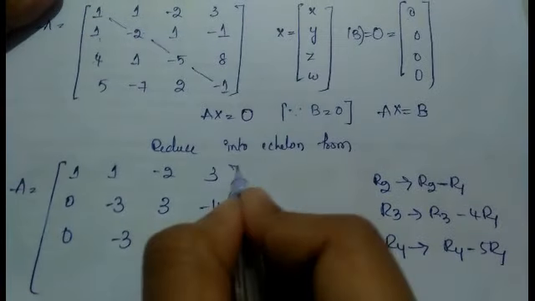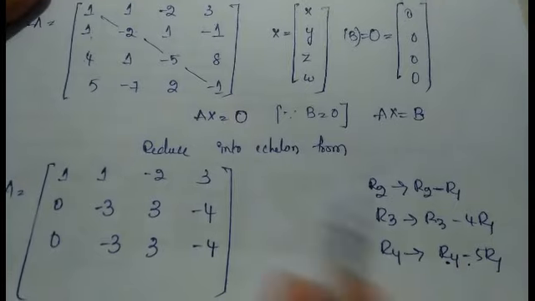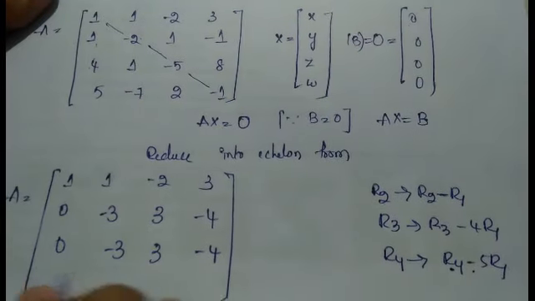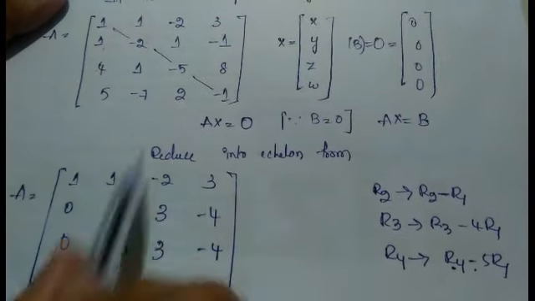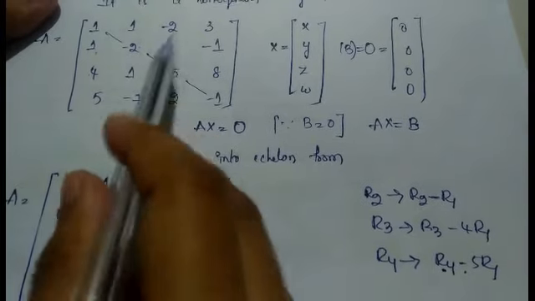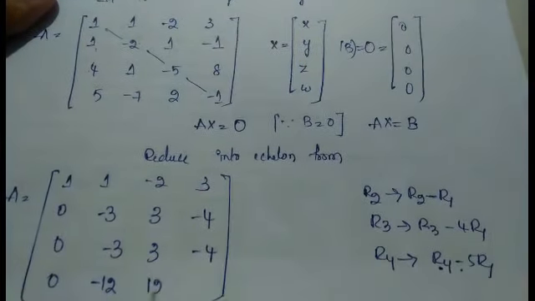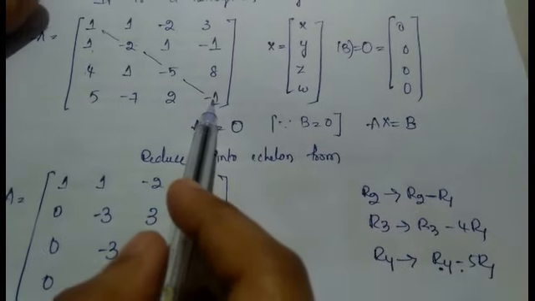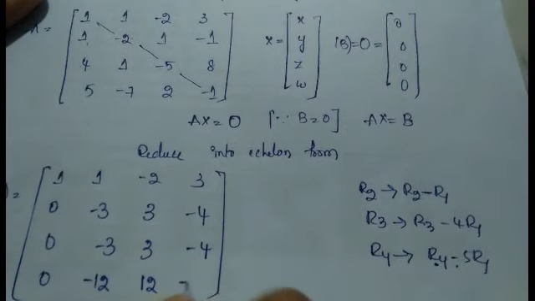Next R4 minus 5R1: 5 minus 5 into 1 is 0, minus 7 minus 5 into 1 is minus 12, 2 minus 5 into minus 2 is 12, and minus 1 minus 5 into 3 is minus 16.